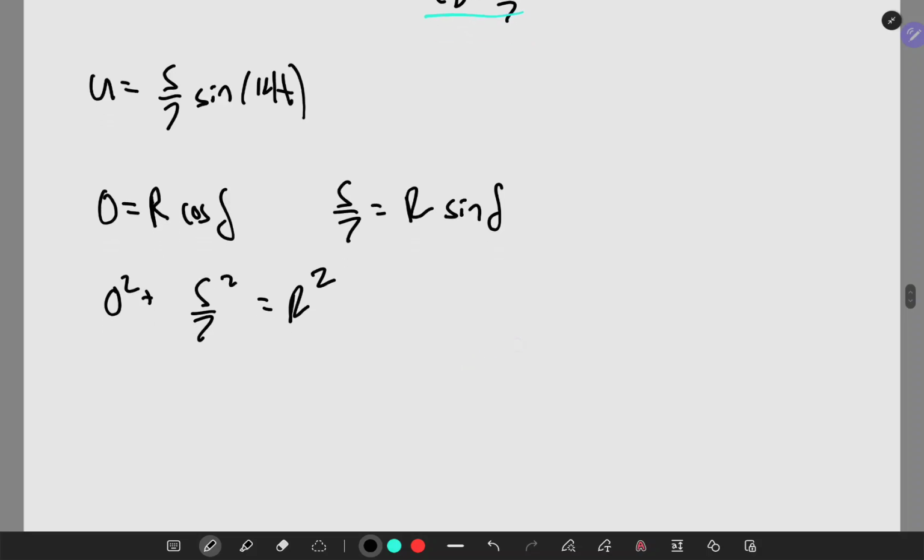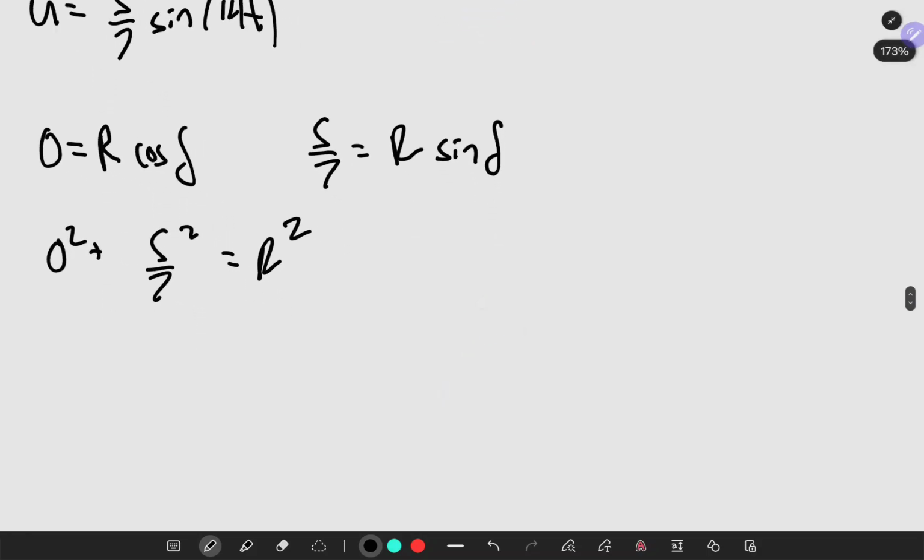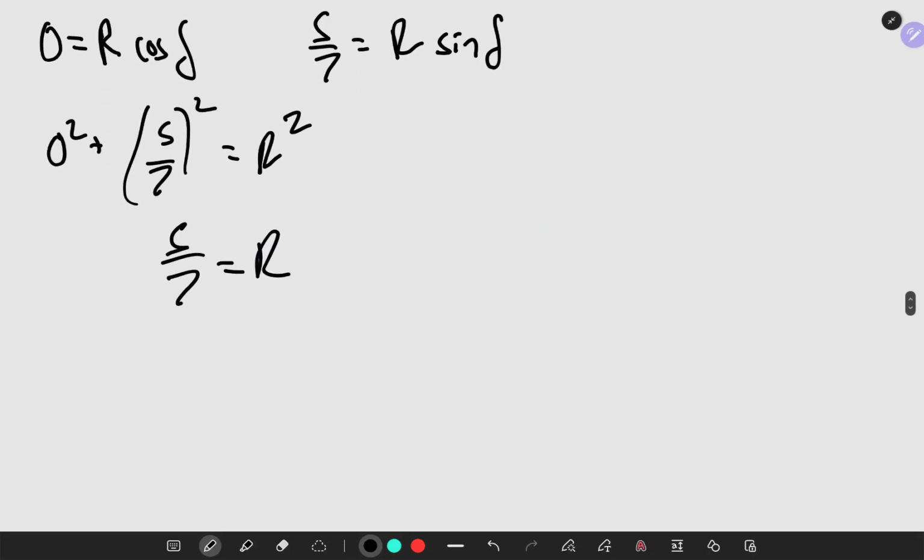If you watched my last video, I showed how to get to here. This is the whole thing squared, by the way. So that's 25/49. Square root of 25/49 is just 5/7. That is equal to r, so this would be our amplitude.